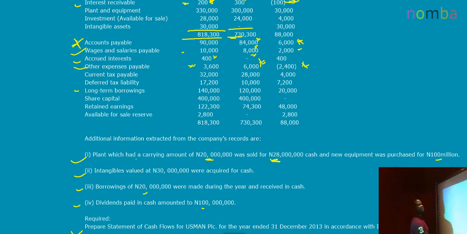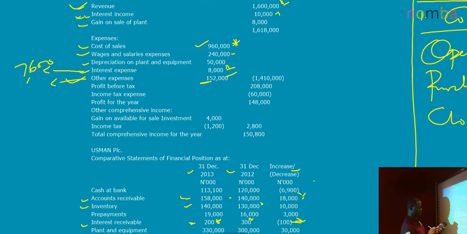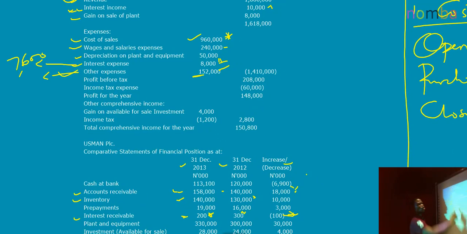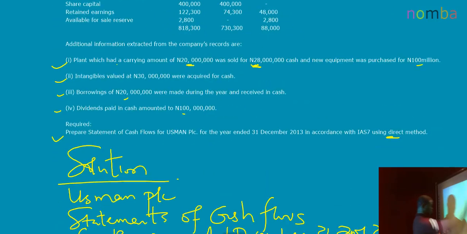So out of these 152,000, it means that we have settled everything, because we are not even owing anything from this current reporting period. We even settled some of what we were owing from the last reporting period. So we're going to add 2,400, because it decreased by 2,400, to show that we have settled that too.